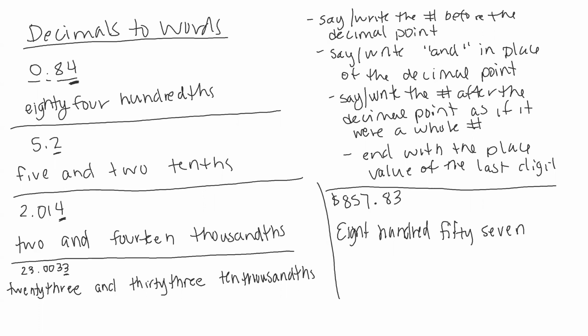You don't really say this the same way you do regular decimals, because we're going to say $857 and then you say the digits after the decimal point, 83, but you don't want to end with place value. You want to end with cents. All right. And again, most of us already know how to deal with money because we use it every day. So we know how to say $857.83, but just make sure you got it clear in your head. And now that we're in decimals, you're going to see money a lot more.